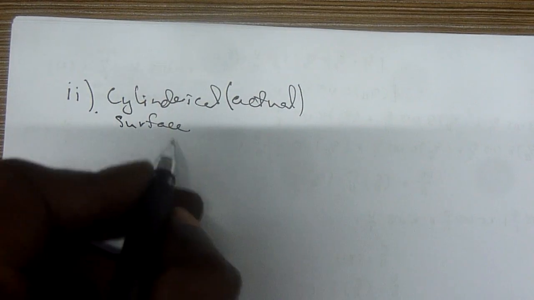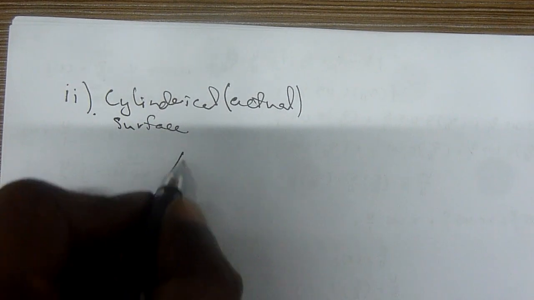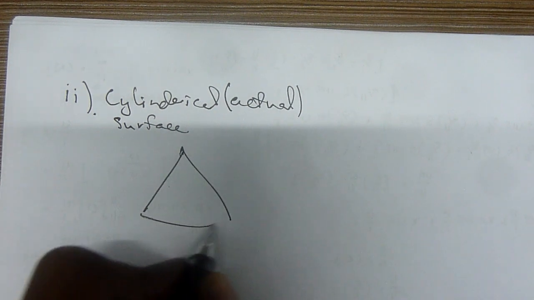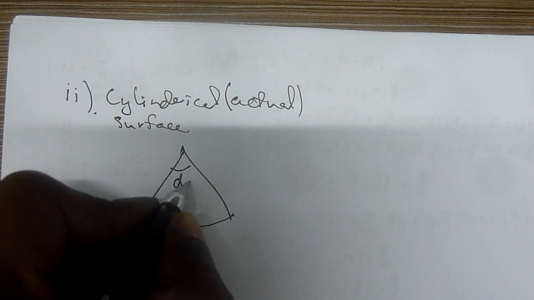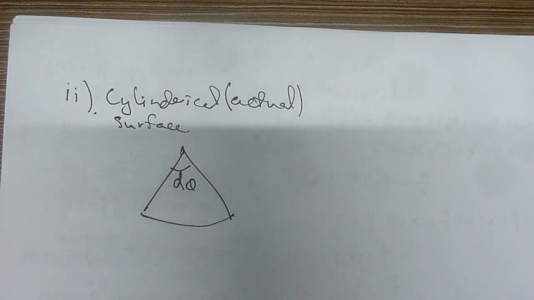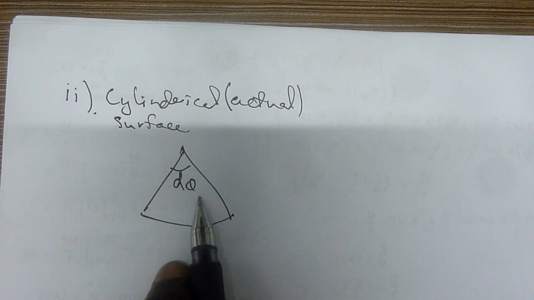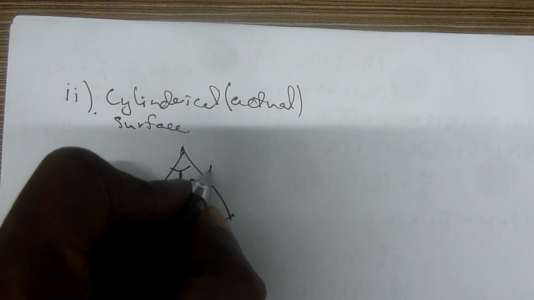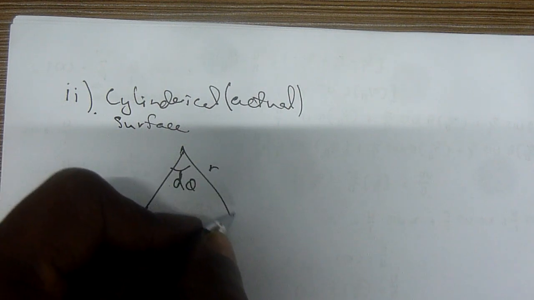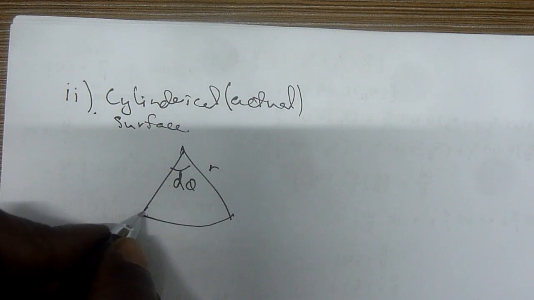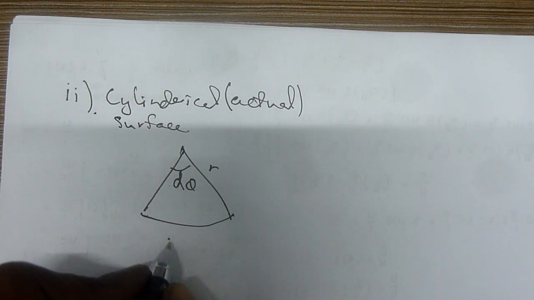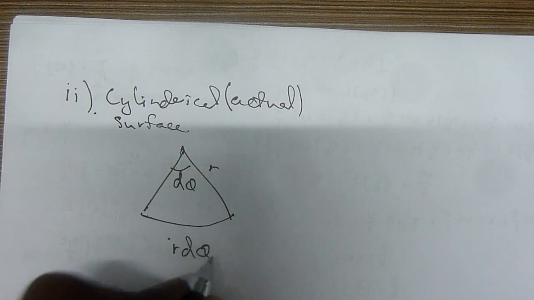When you refer to this, cylindrical I already defined to you, but now we're going to focus step by step. This one also, you can see I introduce a new formula to you: d theta, and we know this is r, the radius. What is this? Circumference. The circumference can be defined as r d theta, no problem.